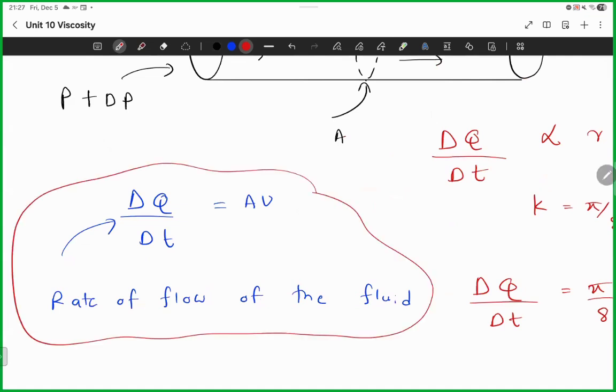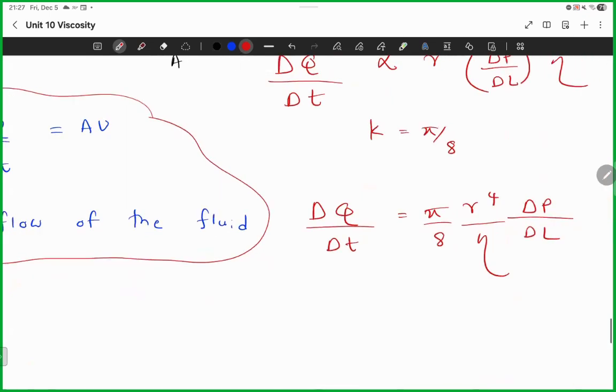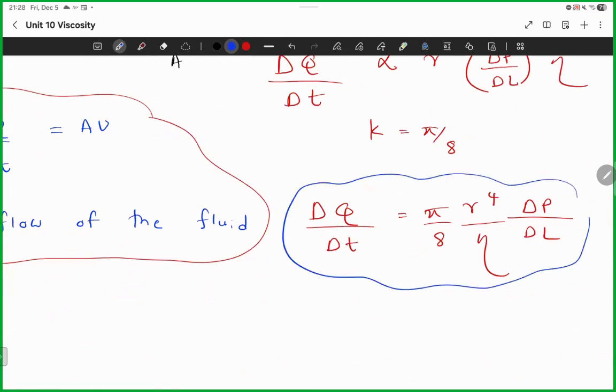So for now, just remember, area times the velocity gives you the volume flow rate. Right? Now, this is what? Poisson's equation. Right? Very important equation. This is the pressure gradient.